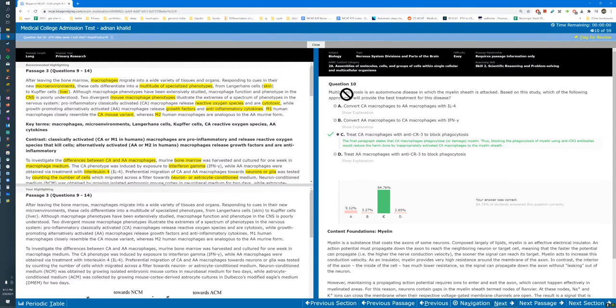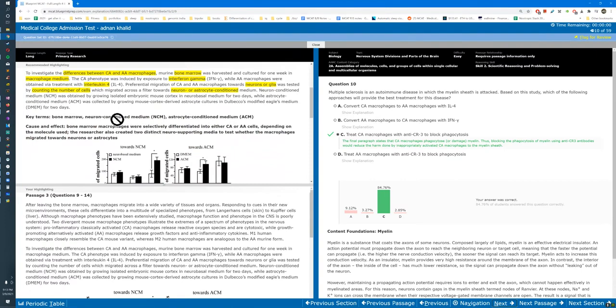Okay, so MS is when your immune system breaks apart the myelin sheath. So what's the best treatment for that? I didn't really want to read everything here. I know that they're making a distinction between CA and AA macrophages.